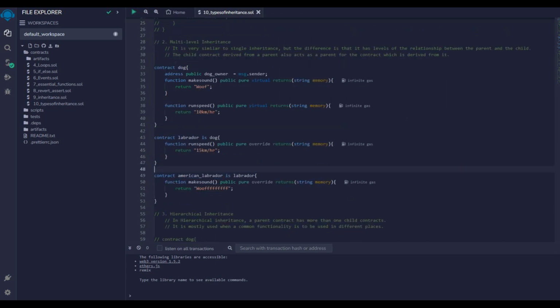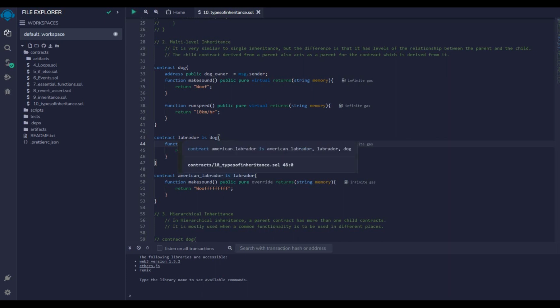And how do you do it? You just write the contract Dog, and with Dog being the parent of Labrador, you say contract Labrador is Dog. Now the properties of the Dog contract come to the Labrador contract.